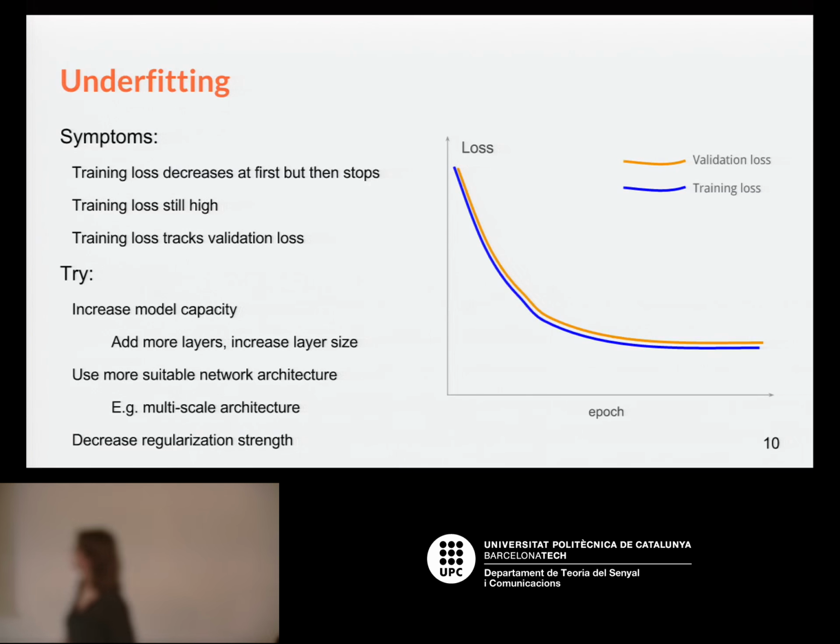This is underfitting. What you can do in this case is increase the model complexity, use more layers, whatever you can do to make more complex networks, and also, the opposite, decrease the regularization strength.